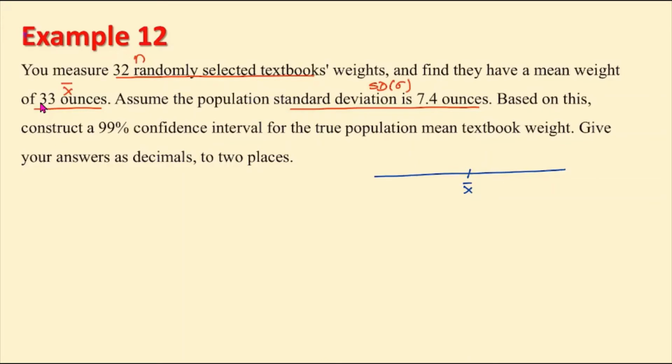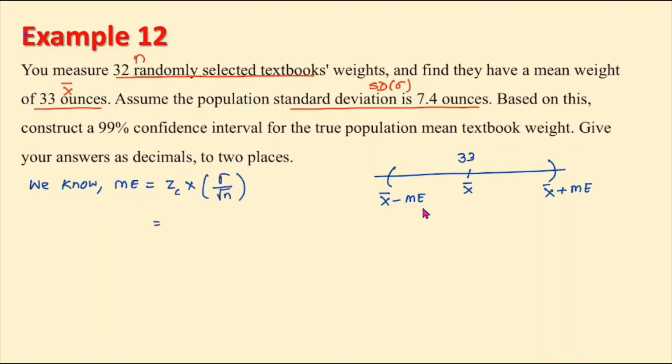Then the lower boundary is mean minus the margin of error, and the upper boundary is mean plus the margin of error. What we need is the margin of error. We know margin of error is Z critical multiplied by sigma over the square root of n.